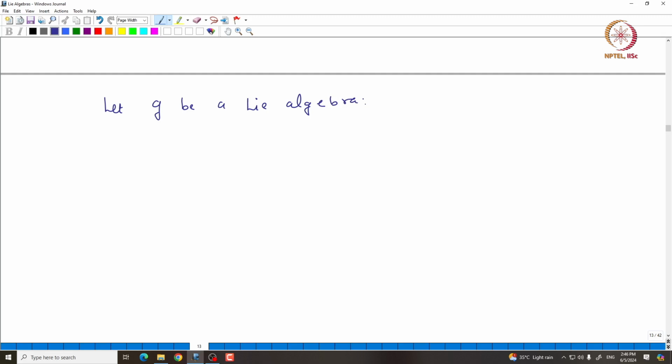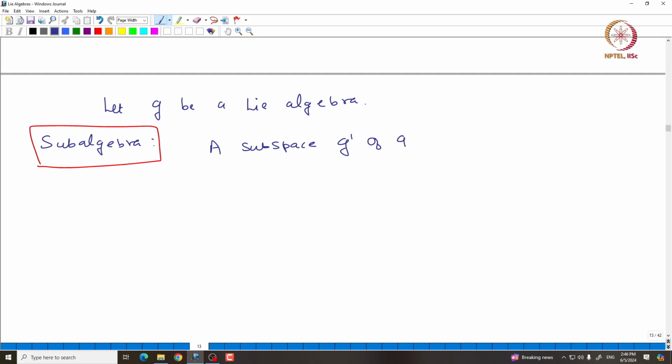A subspace G dash of G is said to be a Lie subalgebra if whenever we take the product bracket xy, that should be in G dash for all x, y in G dash.